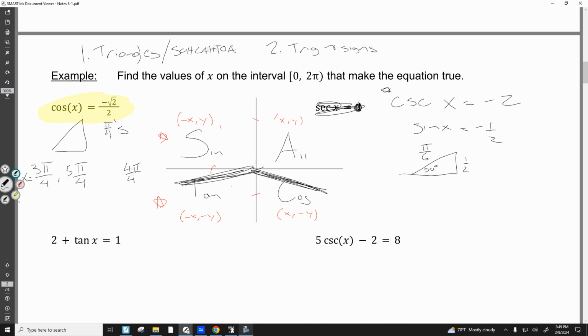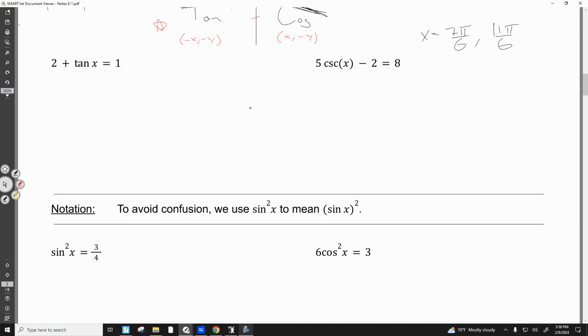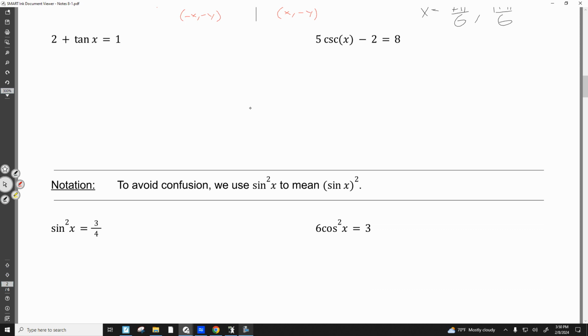I would expect you guys and recommend you guys draw just little unit circles everywhere. Now, which pi over 6 is this? Well, this is 6 pi over 6 plus a pi over 6. This is 7 pi over 6. Which pi over 6 is this? This is 12 pi over 6 minus the pi over 6. That's 11 pi over 6.